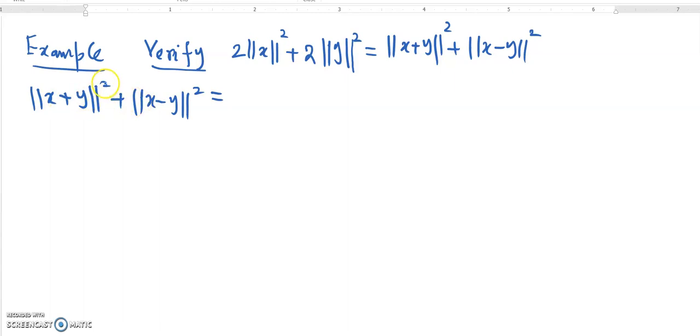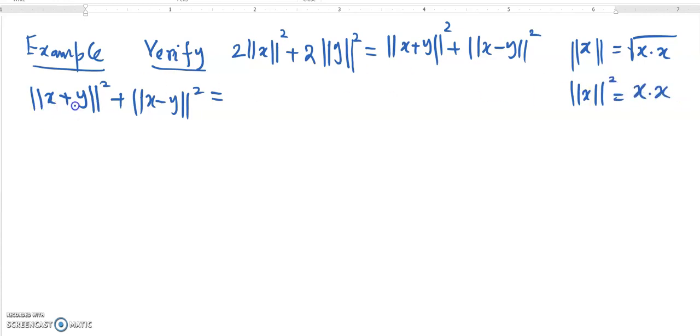If we take it square, then that square root will not appear. For example, if x is a vector, its norm will be the square root of x dot x. If I take the square of both sides, x norm square will be equal to x dot x.